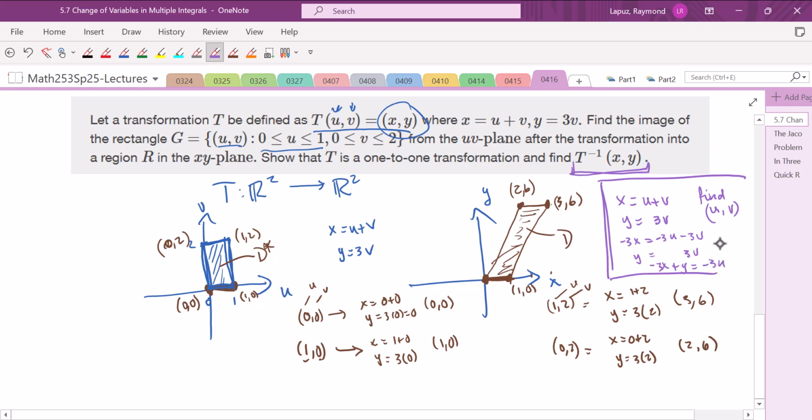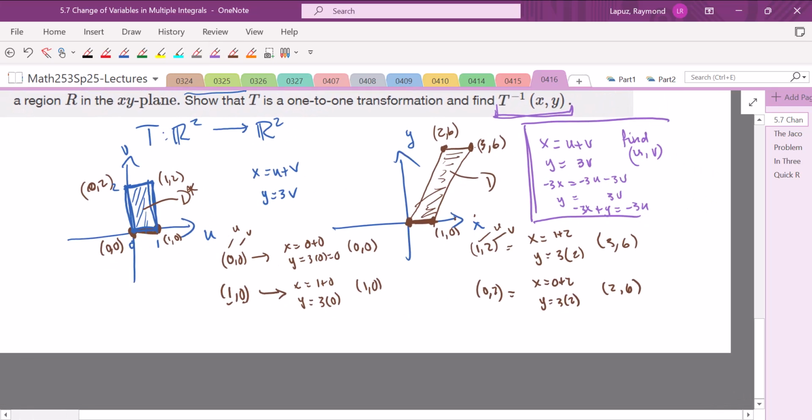What? That was a temporary quick brain drain there. I'm out of space. So u should equal, I'm just going to be sloppy about this, -3x plus y divided by -3. And v would just be, if I solve for this equation here, v would be y over 3. So that would be my transformation going backwards if I needed to.